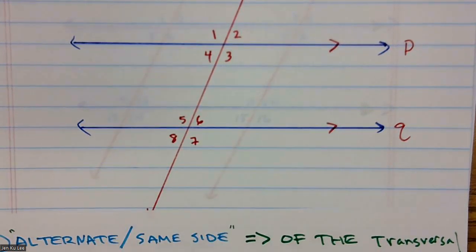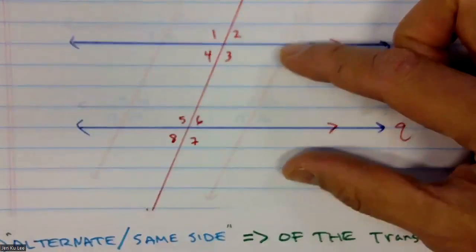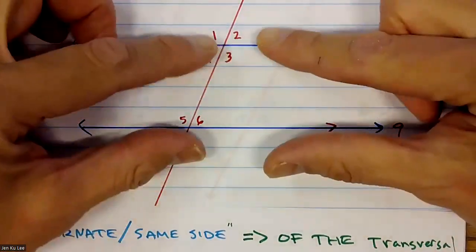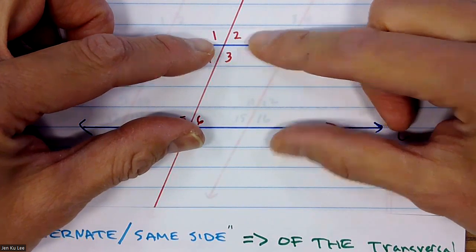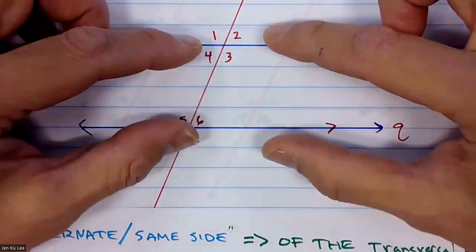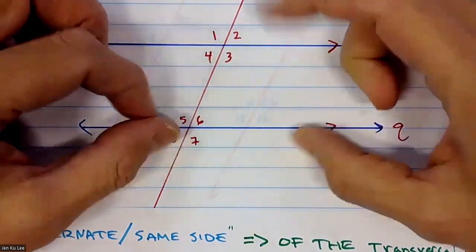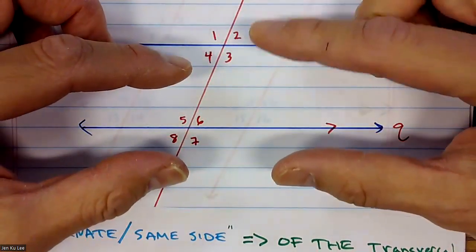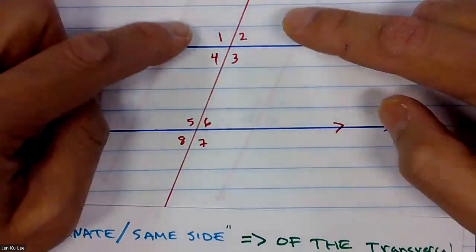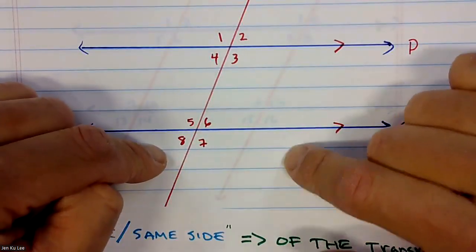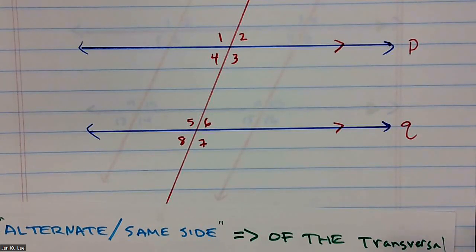That makes sense? You think of these guys as buns, right? Of your hamburger or your cheeseburger, right? 3, 4, 5, 6 would be on the inside, right? Would be the meat that you eat, right? And exterior would mean on the outside. So 1, 2, 7, or 8. Does that make sense? Yeah.